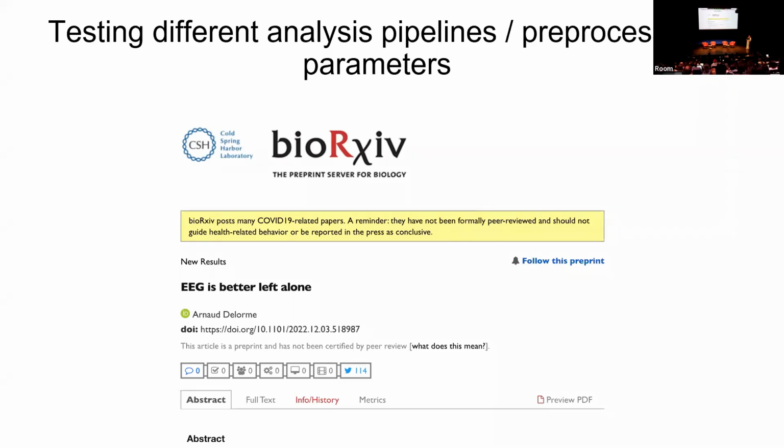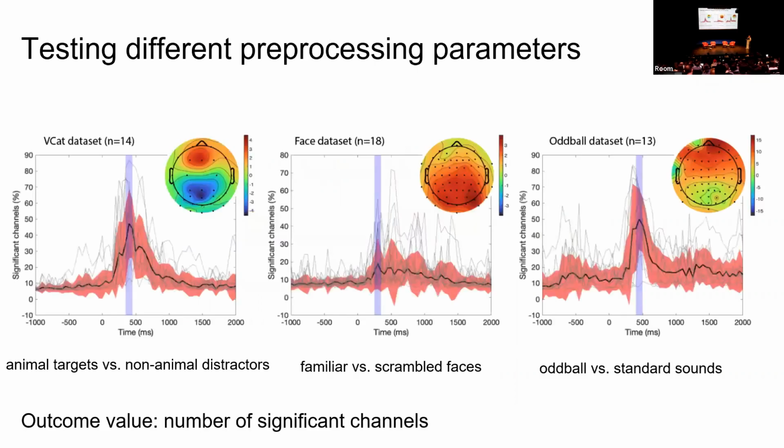So Arno Delorme, in a recent paper, tested different pre-processing parameters and also different pipelines in all the open source toolboxes that are presented in the workshop. He tested it on 3 different data sets. One was where people were looking at animal targets and non-animal distractors.